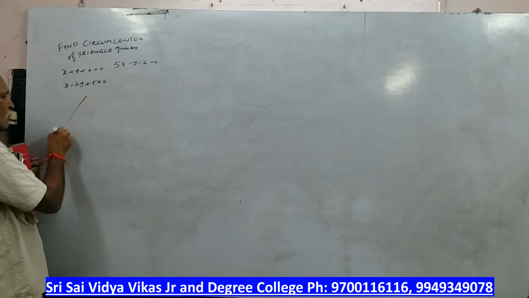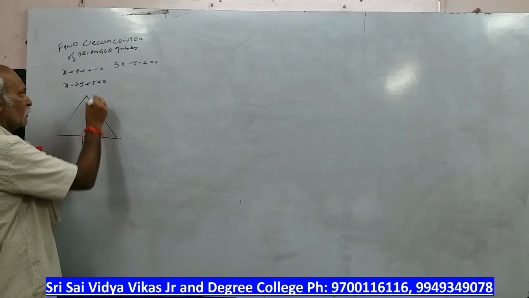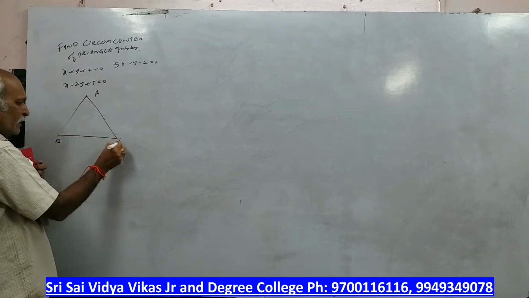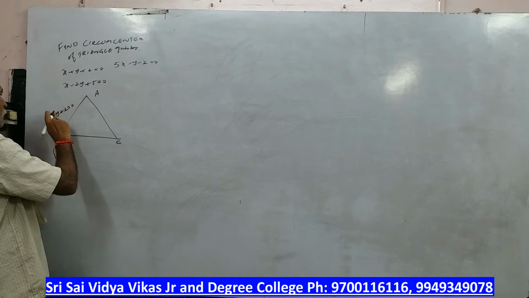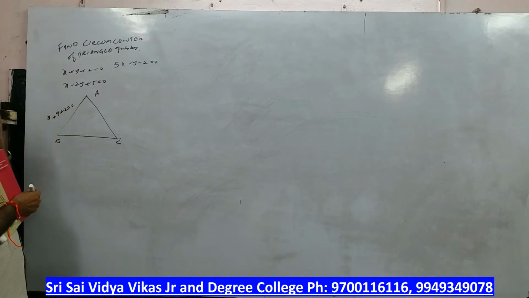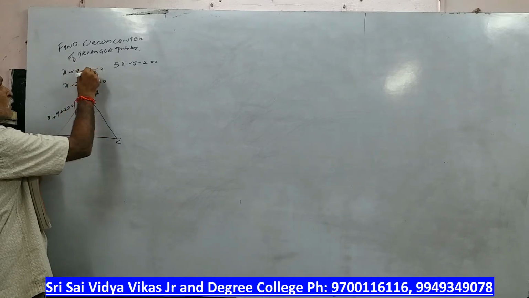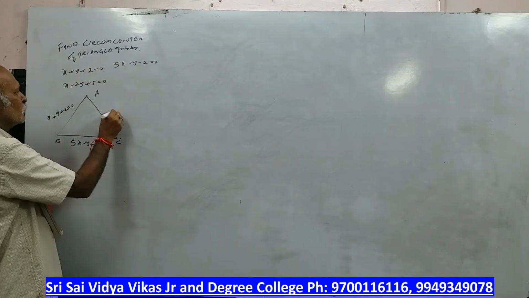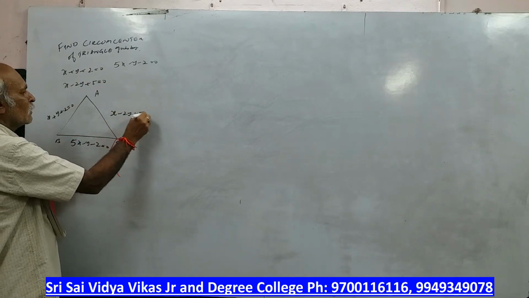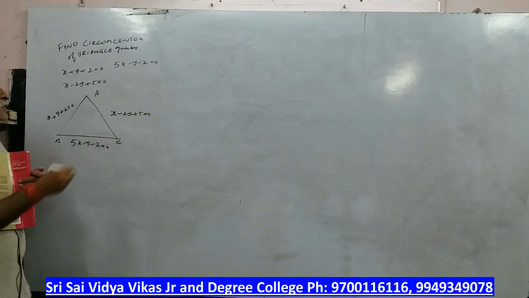Again, triangle A, B, C. x plus y plus 2 is equal to 0. Okay, again same procedure.